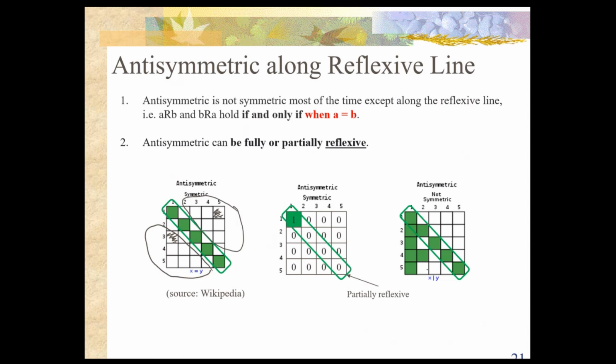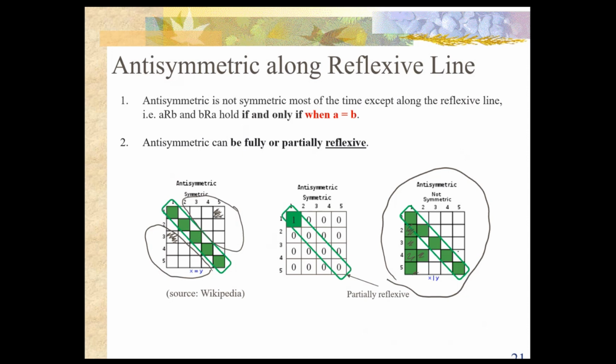So let's look at this one. The third example here. It is anti-symmetry because, as you can see on the bottom left segment, we have all this, but we don't have the similar counterpart on the other segment.